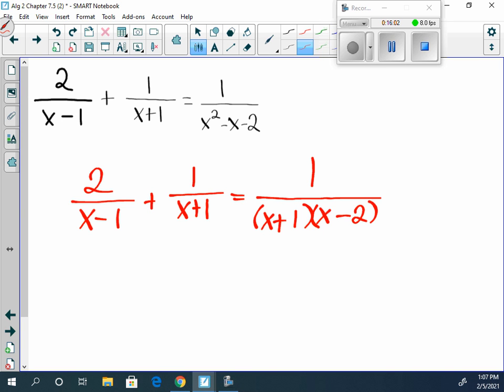Okay. Now what are we going to multiply everything by? What is going to be the least common denominator for this here? And that's what we're going to multiply everything by.